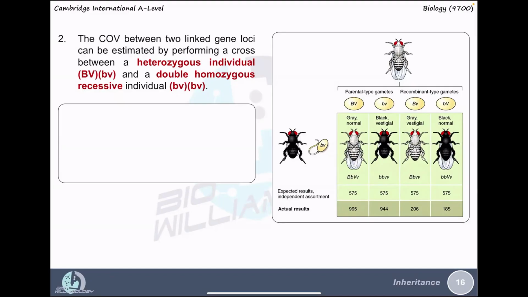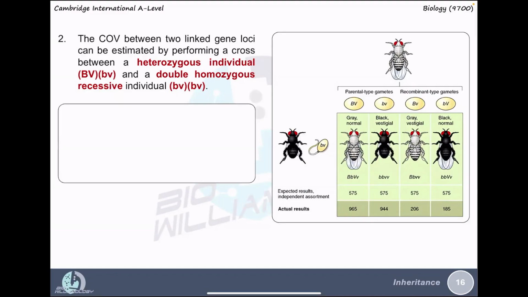So in this context, 965 and 944, and both of them are almost a 1:1 ratio. However, when you look at these, a small number of recombinant type gametes are formed due to crossing over.